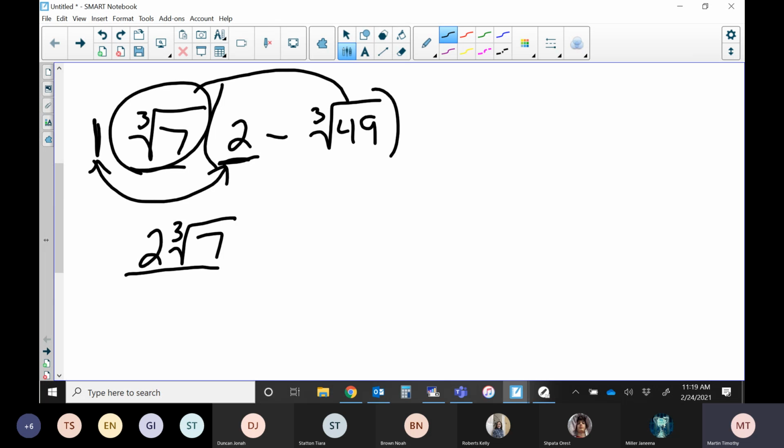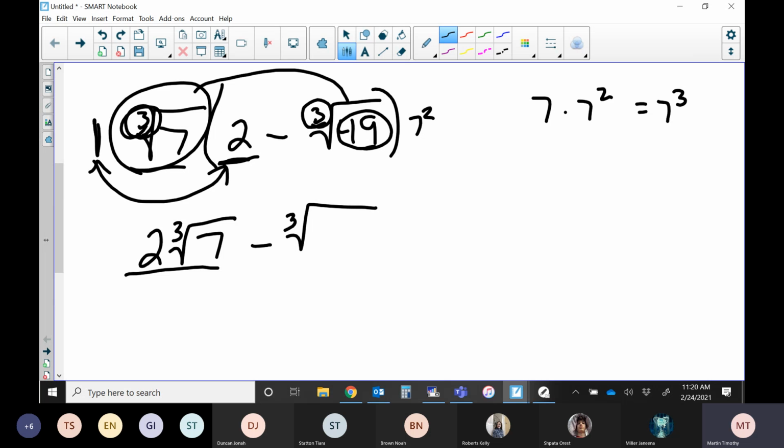Then I go to multiply this times this, and I'm going to go, you know what? I'm going to think ahead a little bit here because I recognize that this right here is really a 7 squared. And then I have the cube root of 7 times the cube root of 7 squared. Well, I know that 7 times 7 squared really turns into 7 cubed. So really I'm going to be minusing the cube root of, since they're both underneath the same index, I can multiply them, 7 cubed.